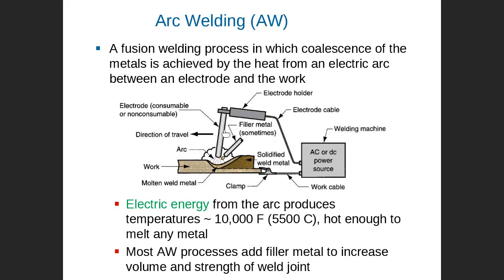Here, this is the electrode. This is the workpiece. This is the filler. Probably the electrode itself will be the filler. We connect the electrode and workpiece by electricity. When you connect them with electricity and come closer and closer, when you reach a certain distance, very close to the workpiece, a discharge will happen.